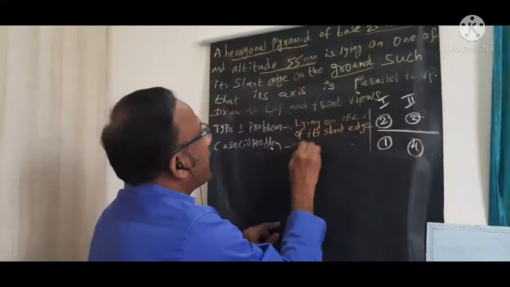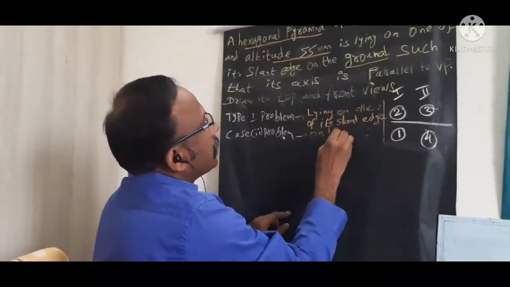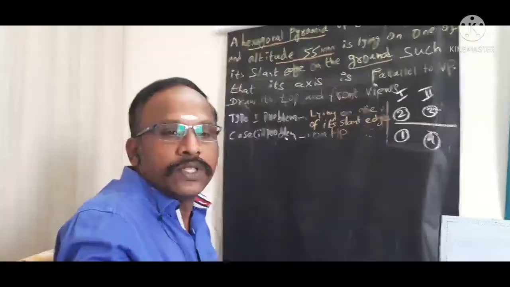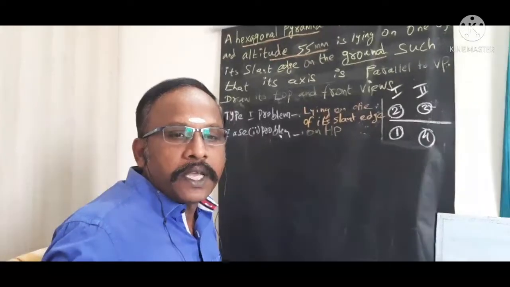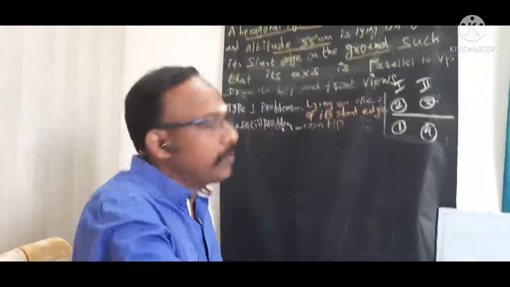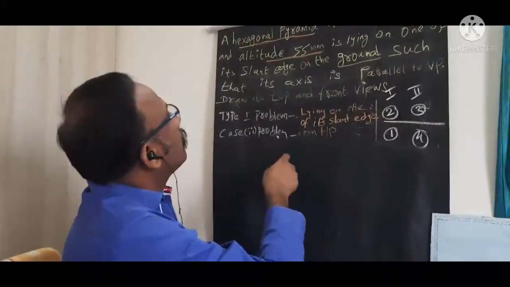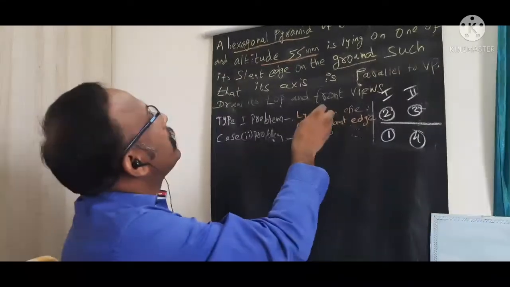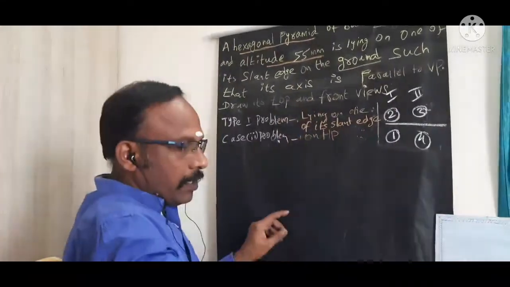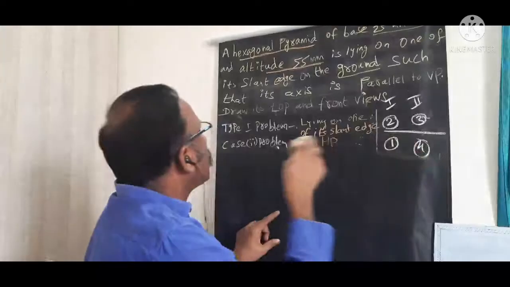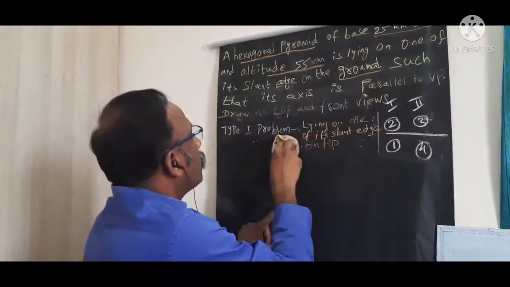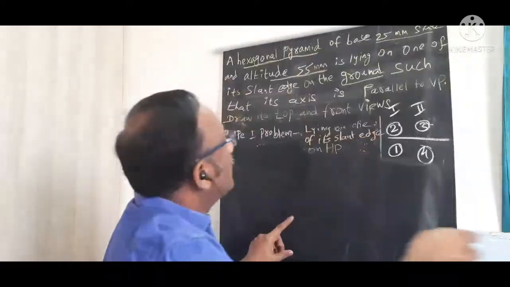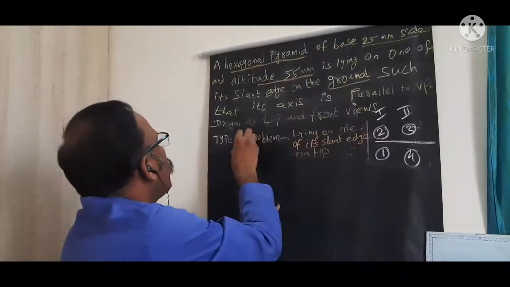Ground is nothing but HP. So this is the type 1 problem. Now case 2. Why is case 2 given here? It is resting. It is a case 1 problem only, so you neglect this. Now it is a type 1 problem.